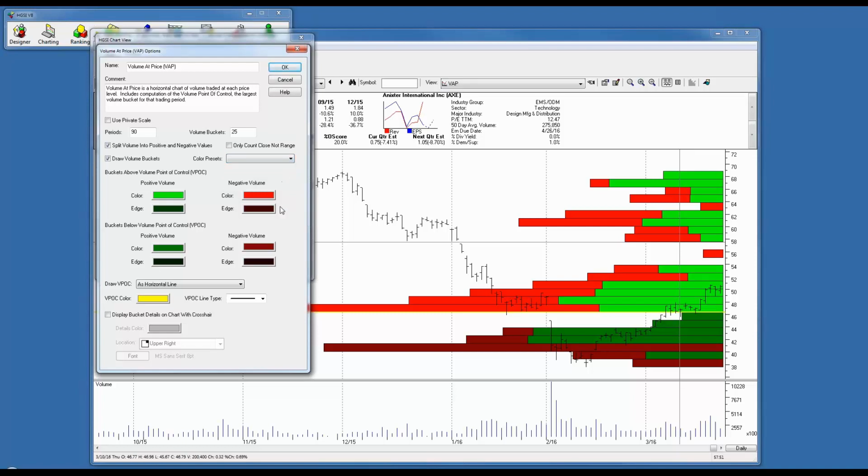So there's this default color scheme, which is the green and the red with slightly dark edging, this little line around the edge, and a yellow VPOC line.